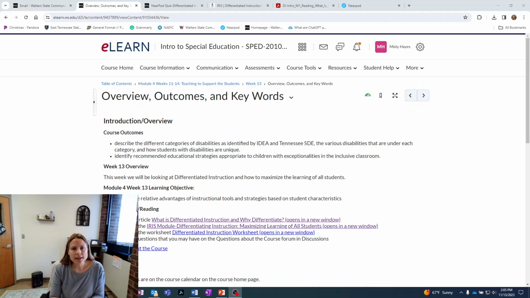So really, when we're looking at this week and the strategy of differentiated instruction, we're looking at what kind of specific tools can I use based on what student characteristics or what learning opportunities do I have, and if they have exceptionalities, what should I do to support them, and what would that look like. So we're going to be concentrating specifically on differentiated instruction.